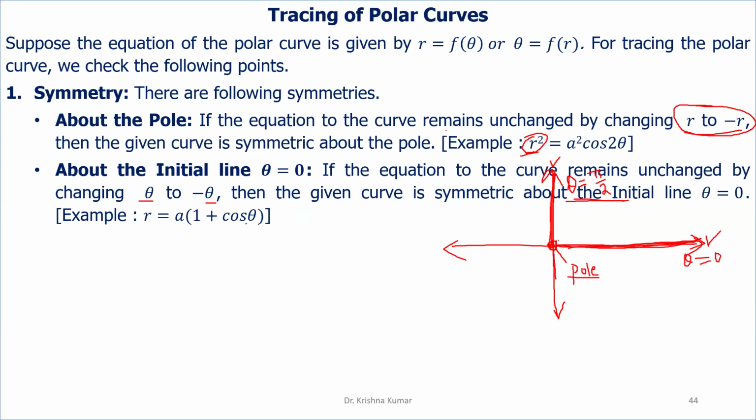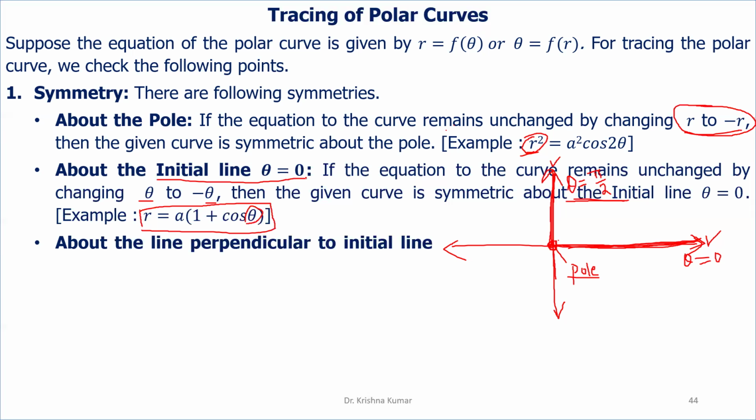Here, if we replace theta by minus theta, cos of minus theta is again cos theta. So the equation of this curve will not change by replacing theta by minus theta. So we can say that this curve is symmetric about the initial line theta equal to 0.